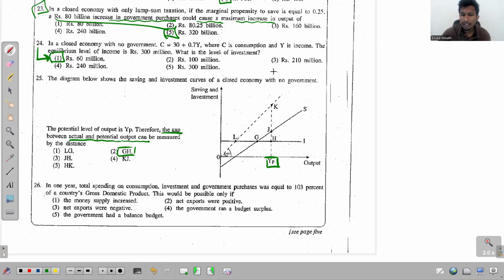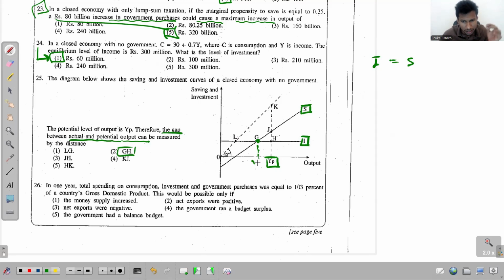As we discussed earlier, at the equilibrium, if it's a simple economy, I will be equal to S, right? So this is the investment curve, and this is the curve which represents the savings. So at this point G, what happens? I becomes equal to S. So what does that mean?